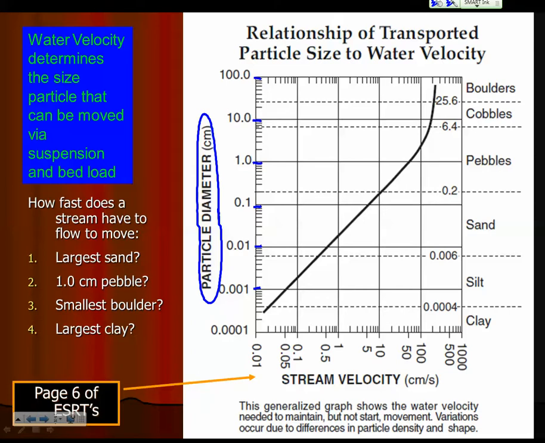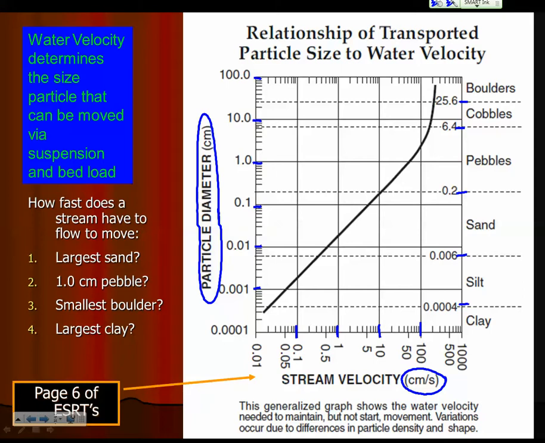And on the other side of the y-axis, we're used to this from the sedimentary rock lessons we've had in the past, where it breaks up the different particles by name. Now on the x-axis, we have stream velocity. It's measured in centimeters per second. And once again, you can see it increases in a different amount you're used to. Each major line over is 10 times bigger than the line before it, which is another logarithmic nature.